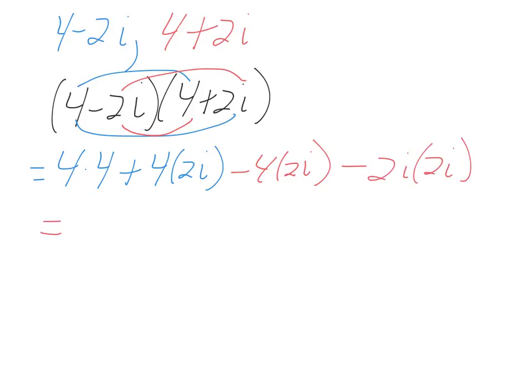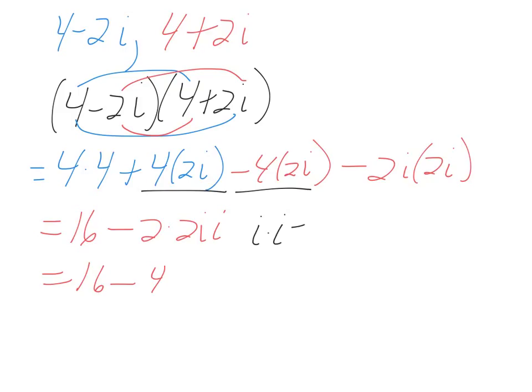So we'd have 4 times 4 is 16. These two terms are going to cancel each other out because we've got a positive and a negative. So then at the end we have -2 times 2i, so that'd be 16, and minus 2 times 2 is 4, i times i, so remember i times i equals -1 because it's i squared.